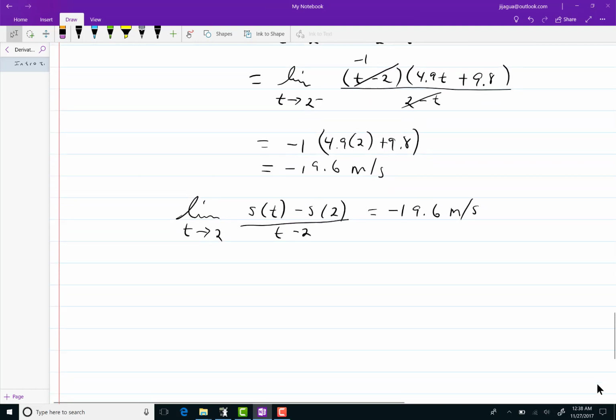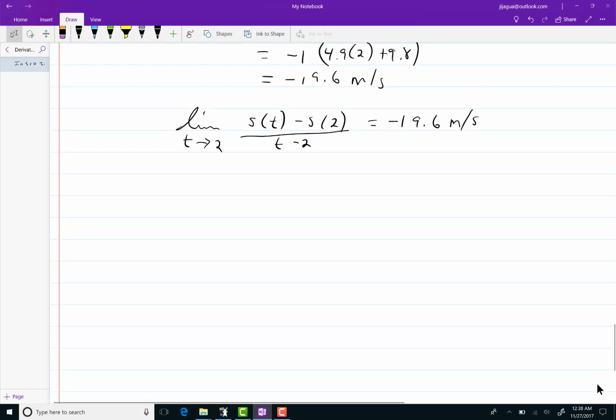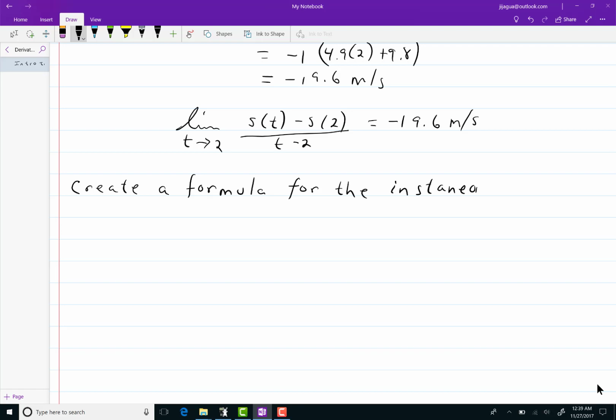But now, one thing, can I come up with a formula? Create a formula for the velocity, instantaneous velocity, I should use that word, at t equals a seconds.